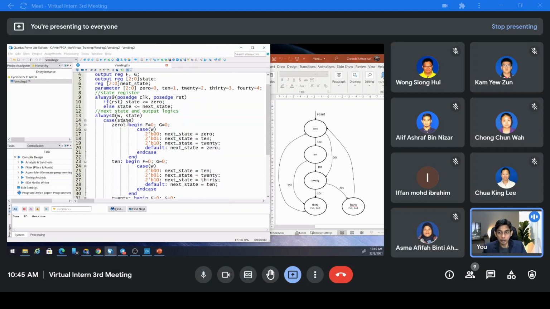So we could use case state. For example, if state equal to 0, 0, 0, or we are in state 0, what do we want to do? First thing, if we are at state 0, of course, the output is F equal to 0 and G equal to 0. All right.